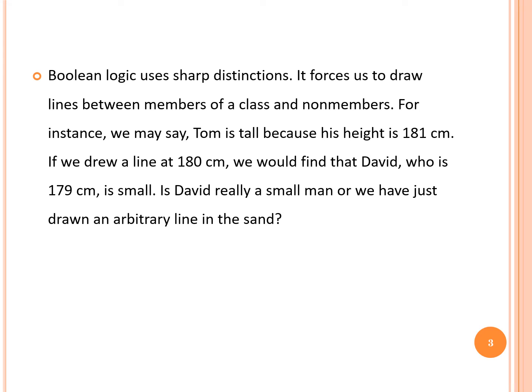If you have a class, after you make a classification, you can draw a line, and this line is a straight line where you can identify between members and non-members. For instance, we may say Tom is tall because his height is 181 centimeters.